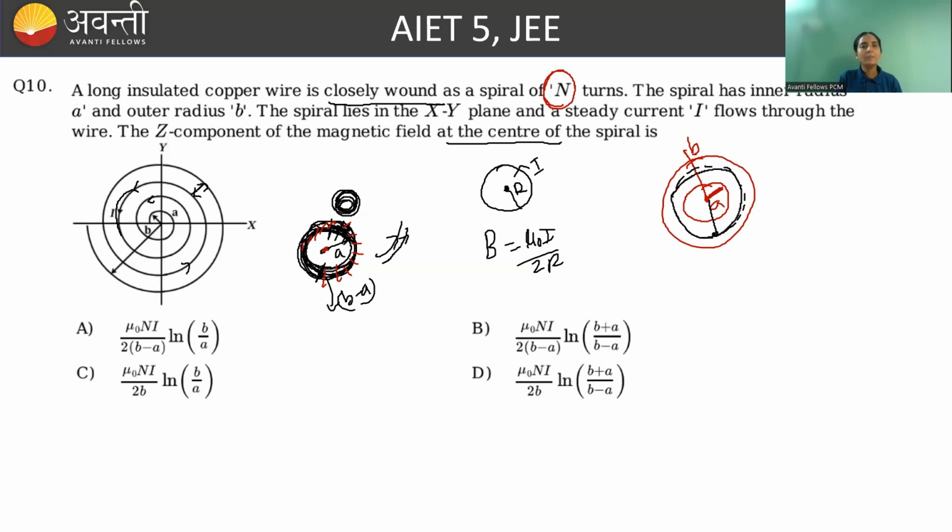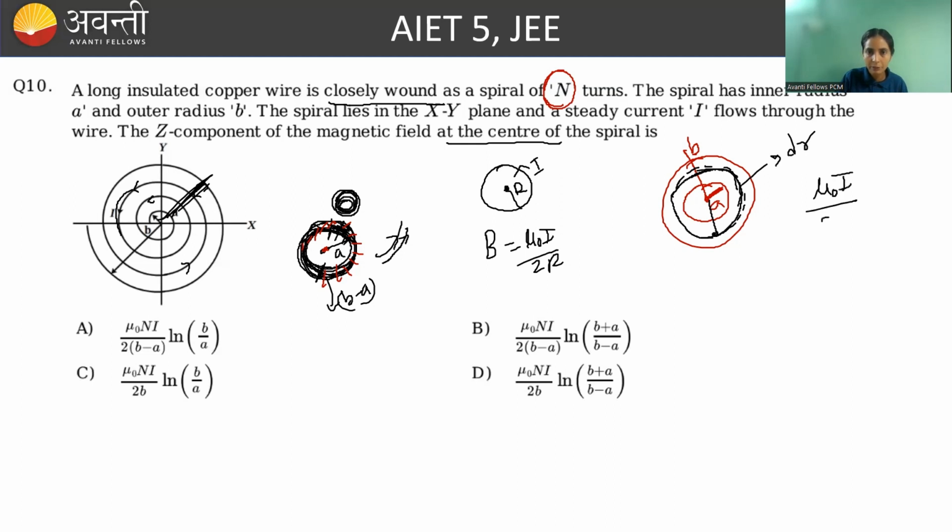Since current is flowing through an area, the element will also have an area. So I'm going to take a ring of radius R having thickness dr.